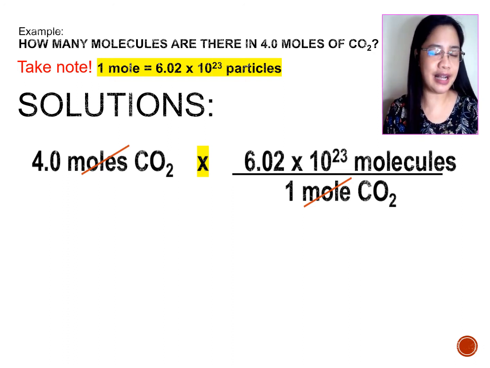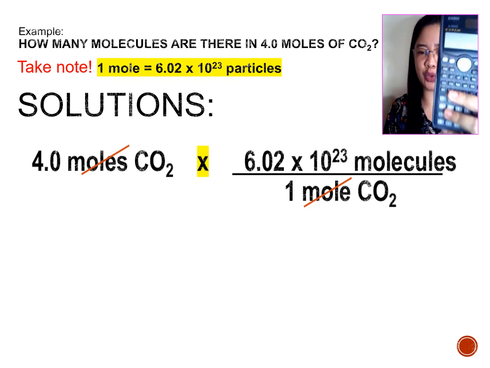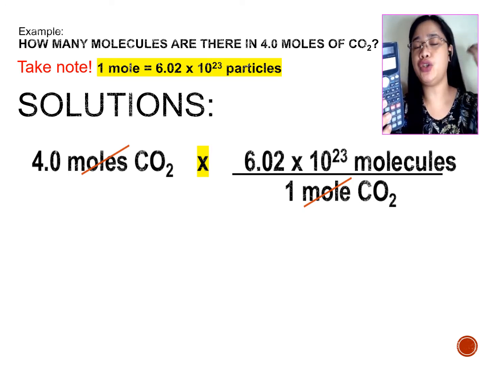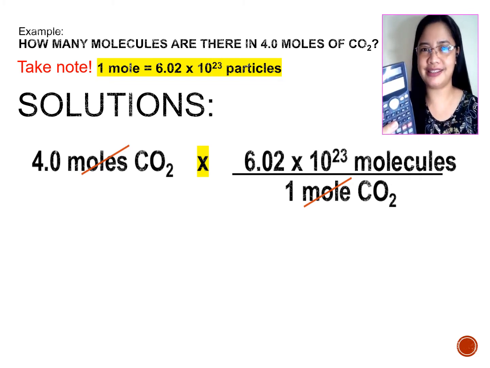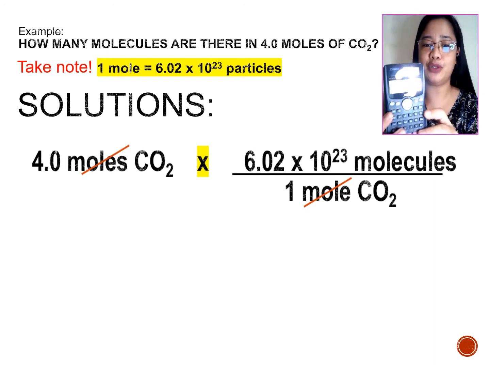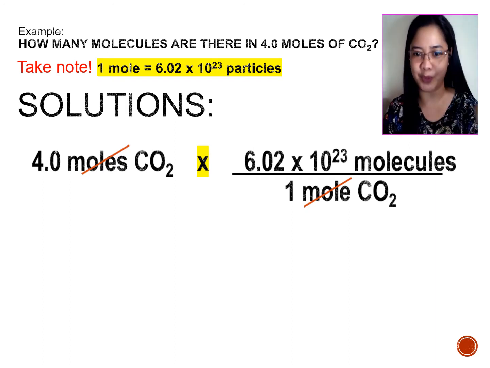Now, using a calculator, make sure that you have your scientific calculator with you and you know how to use it. So all you have to do is to enter the problem, okay?